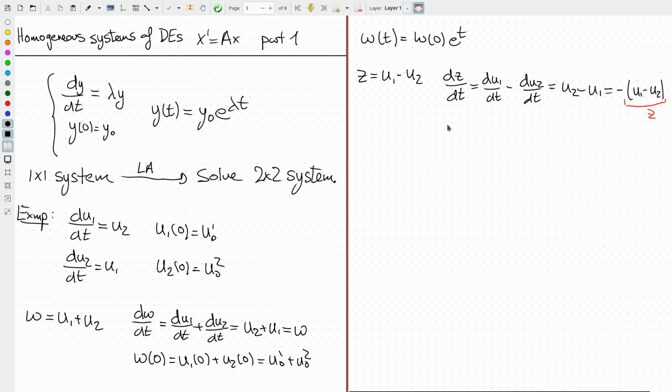Similarly for the initial condition for z, z at 0 has to be the same as u1 at 0 minus u2 at 0, so I get u01 minus u02. Once again, we end up with a scalar differential equation for z, which we know how to solve. So z of t is going to be z at 0 e to the negative t.